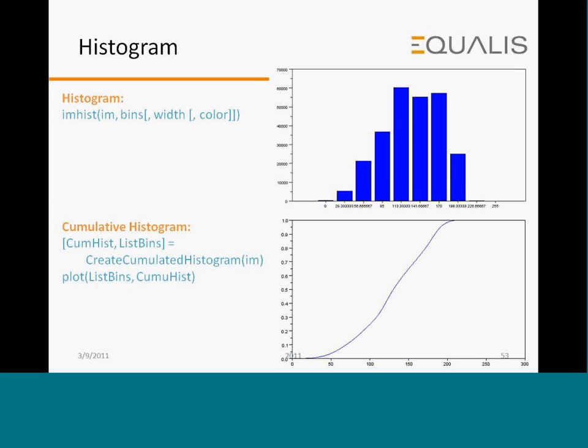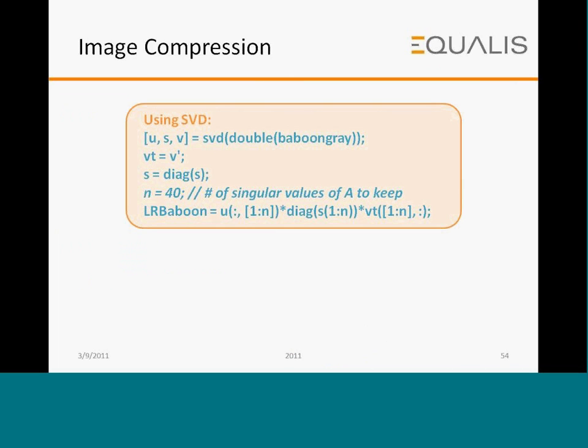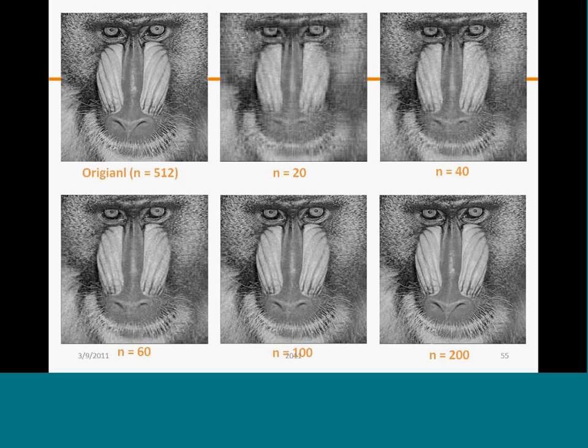This shows the command for getting a histogram, and this is the command if you want a cumulative histogram. Now another area is image compression. So I have the baboon grayscale image, and this shows from left to right, starting with the original, various degrees of compression, and this shows the output from Scilab.